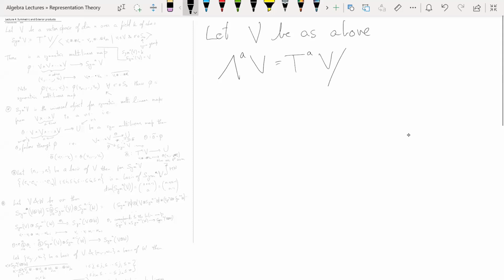So that means phi of v1 to vn is not the same as phi of the permuted vectors. Maybe I should first write down what a symmetric multilinear map was.